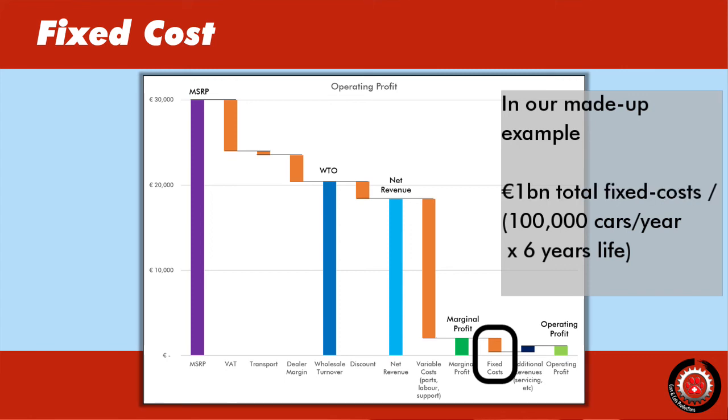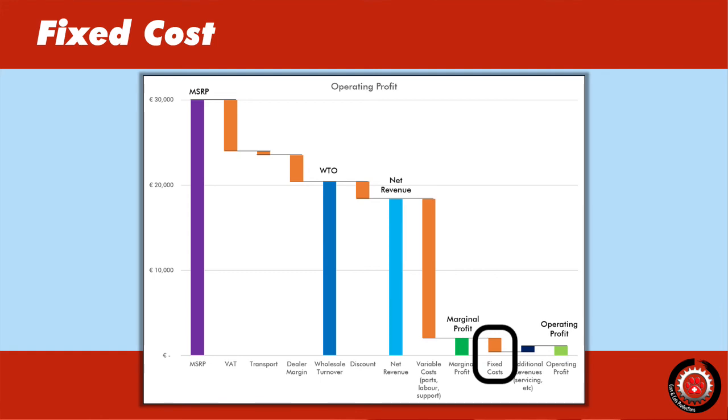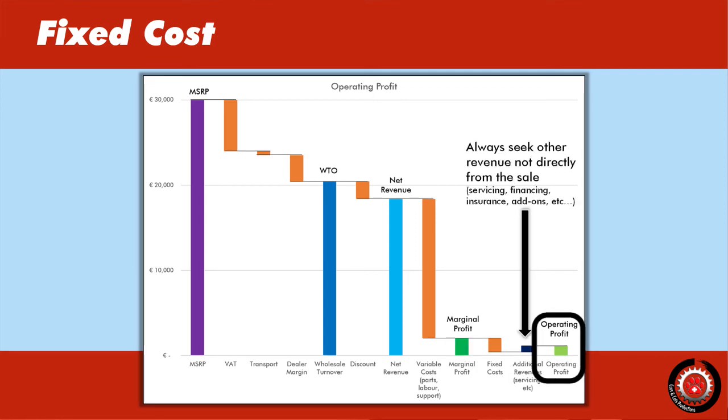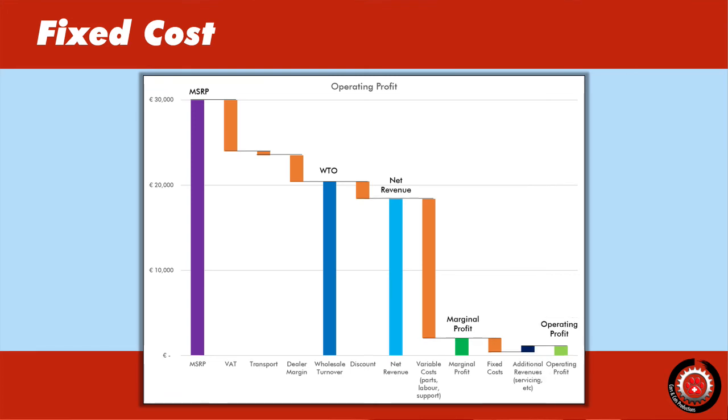Because it's huge numbers, millions, but distributed across hundreds of thousands, the number doesn't look so big when you look at it on a per unit basis. If we subtract away those fixed costs, then we end up with an operational profit. So in reality, on this journey we started with a 30,000 euro or dollar car to the customer. The dealer's maybe making 3,000, but the company is only making 1,000 to 2,000 at the end of the day.